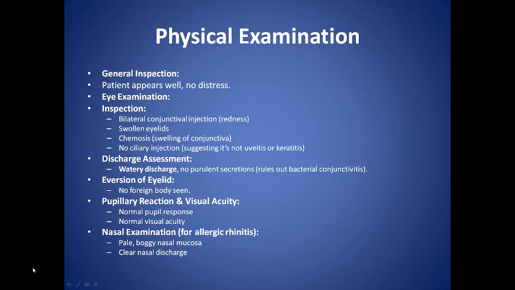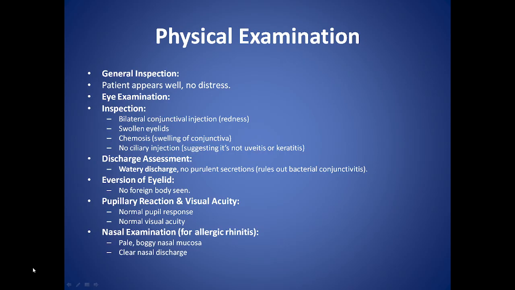We may see swelling of the conjunctiva or chemosis, and we don't see any ciliary injection, which means there is no uveitis or keratitis. We can pay attention to discharge.